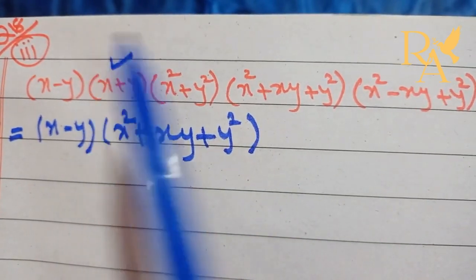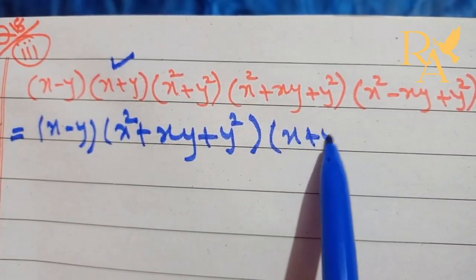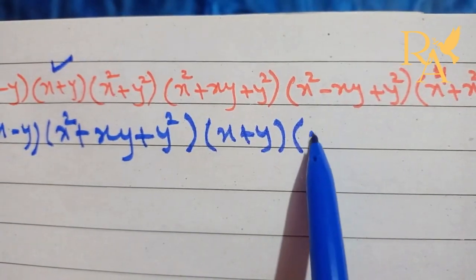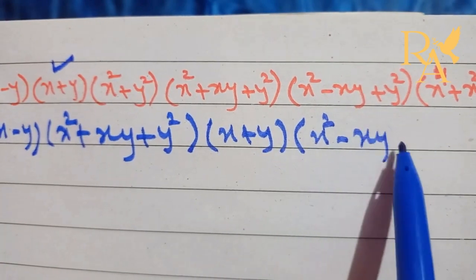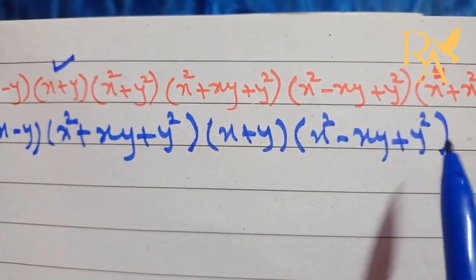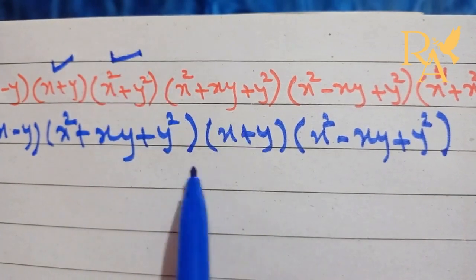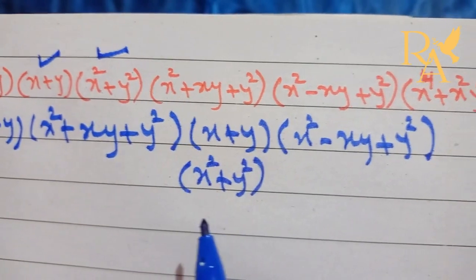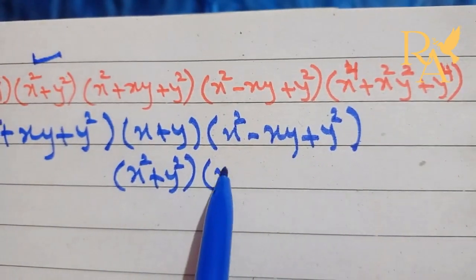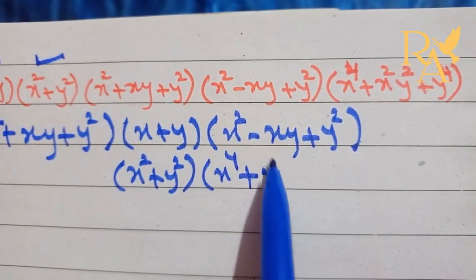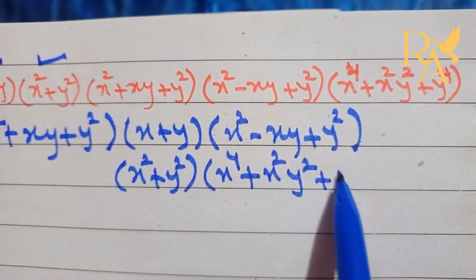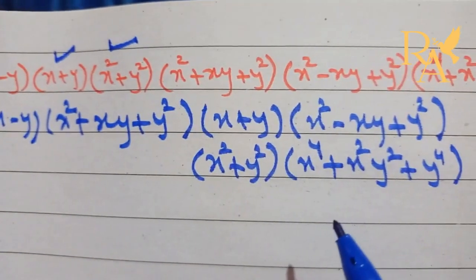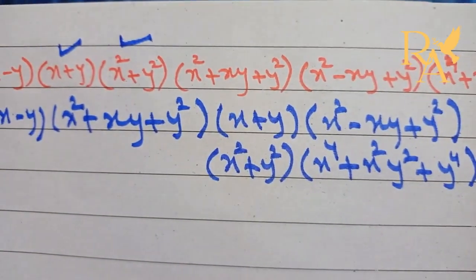Now by taking this equation, x plus y into x square minus xy plus y square. Now by using this equation, x square plus y square multiplied with x power 4 plus x square y square plus y power 4. We have rearranged the given equation.